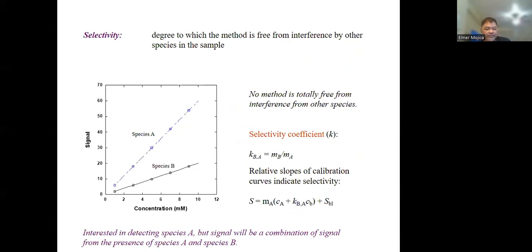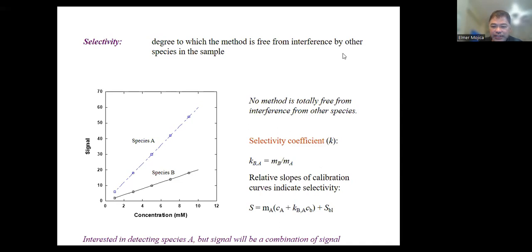Okay. Now the next one is selectivity. So if you're going to look at selectivity, it's not the same as sensitivity. So when we are talking about selectivity, it is the degree to which a method is free from interference by the other species in a given sample.